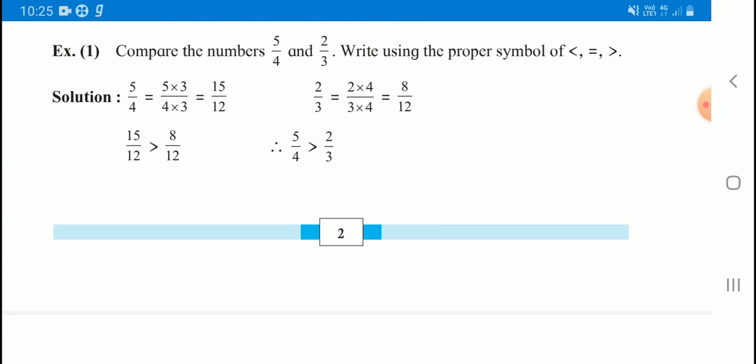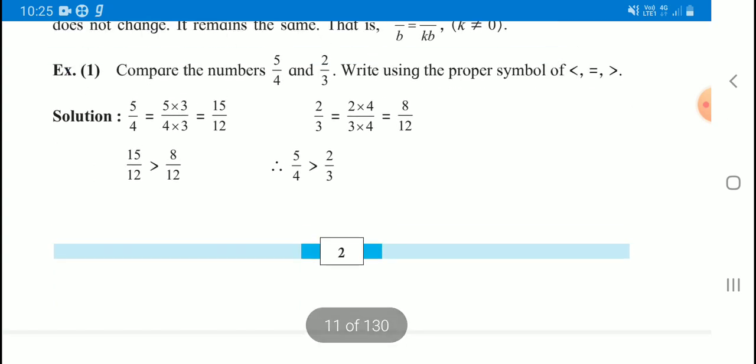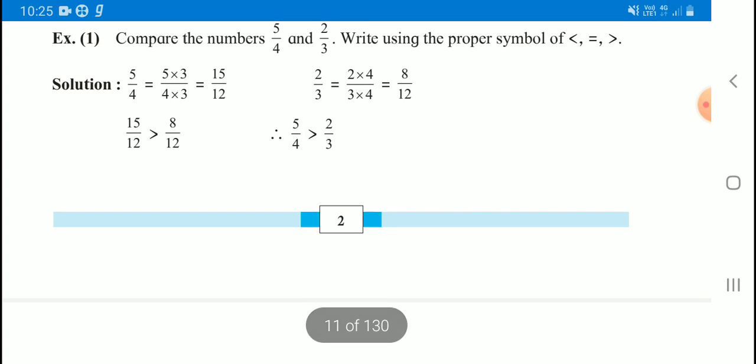Now here they have given the two rational numbers 5 upon 4 and 2 upon 3. We'll make the denominators equal. How to make it? See here, if we multiply 5 upon 4, numerator and denominator, by 3, then you will get the rational number 15 upon 12, means 5 multiplied by 3 is equal to 15, and 4 multiplied by 3 is equal to 12.